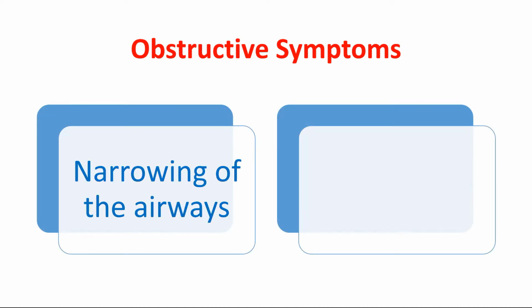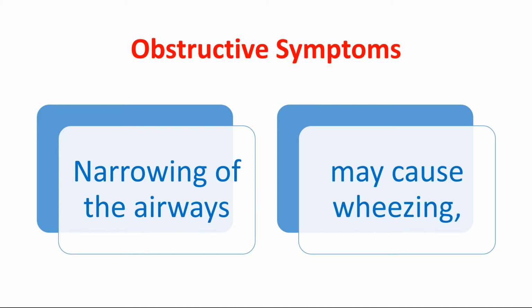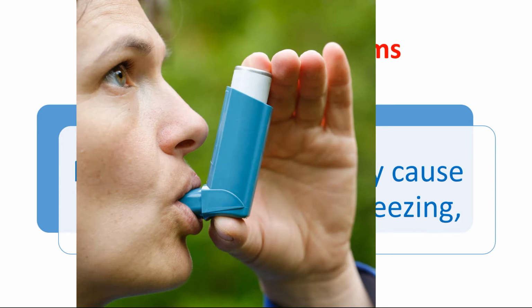Also, narrowing of the airways may cause wheeze, so the patient will complain of difficulty in emptying his lungs and also of wheezing. He may need to use some medication to dilate the bronchioles, some bronchodilators.